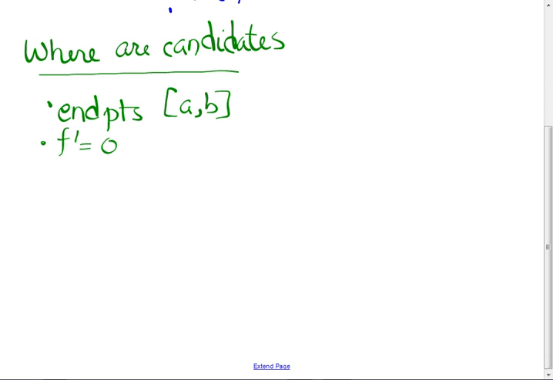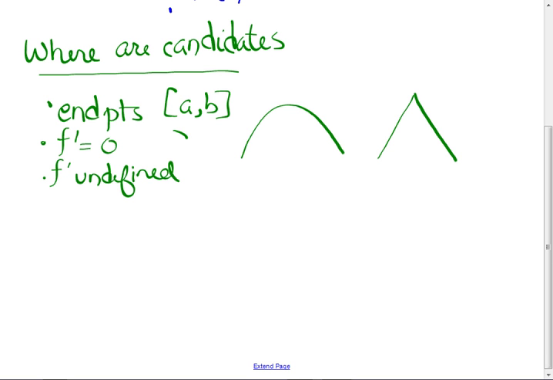Just think about it. That's a max. I could also have a max here. So where f prime is undefined. Yes. Okay, remember what we called those? Where the derivative is 0 or undefined, we call them critical points.